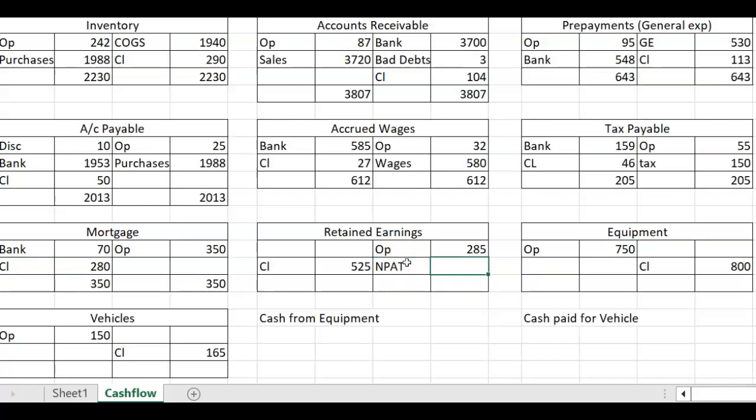That's the bottom figure of 390 on page 4 total. Bring the figure across. You just got to check that there's no bonus shares issued that may have come out of there. In this case, it's not. Nice and simple.